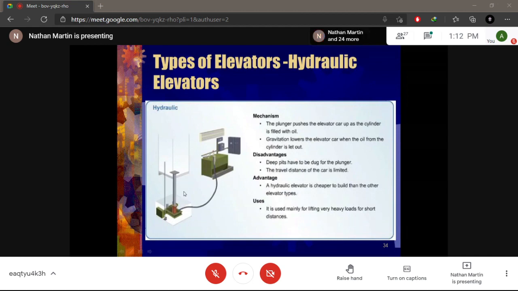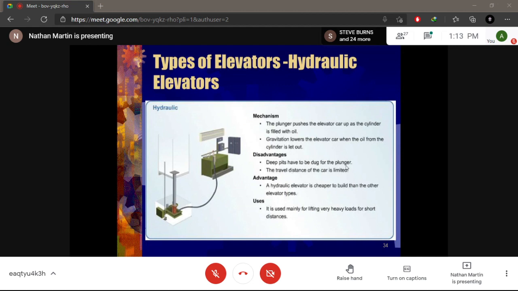The hydraulic type is really a jack lifting a cab. The plunger pushes the elevator car up as the cylinders fill with oil. Gravity lowers the car when the oil from the cylinder is let out. So this is your hydraulic type elevator.